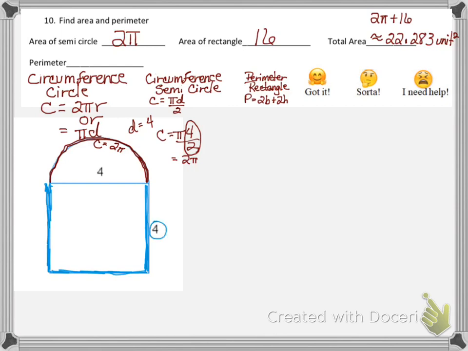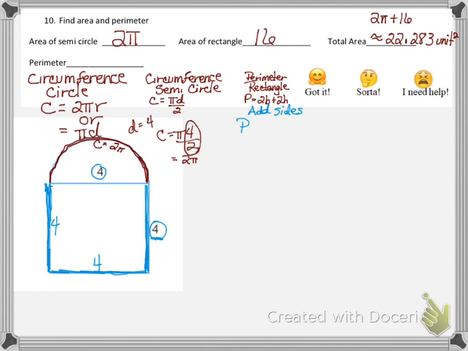We know that this length is 4, and if this length is 4, then this is 4, and since this is 4, then this is 4 as well. Even though we want to say it's 2 times the base plus 2 times the height, this is just adding sides. That's basically what you're doing.